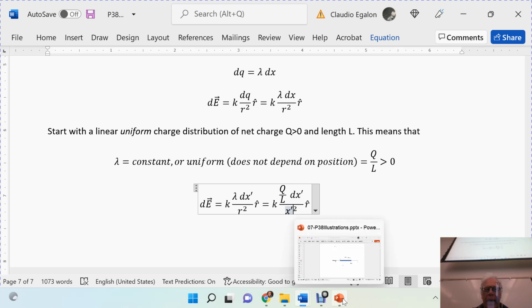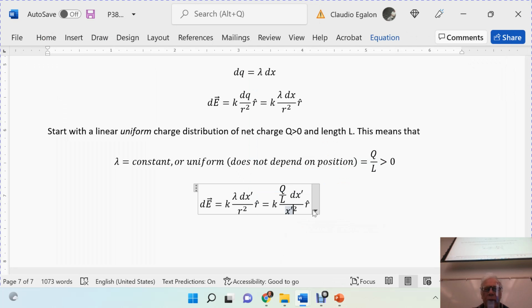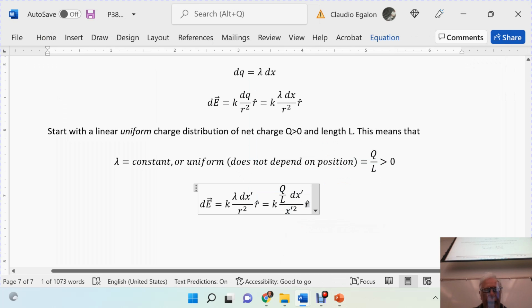Looking at the drawing, we see that no matter which charge we're dealing with, this electric field contribution will always be in the minus x hat direction, right? Just by taking a look at that. So here, instead of r hat, now I'm going to write down an x hat with a minus sign.